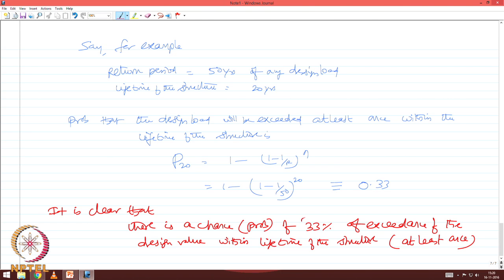The value of 33% is significantly high, even though the occurrence of the event is once in 50 years. This leaves a strong message to understand more on the return period.